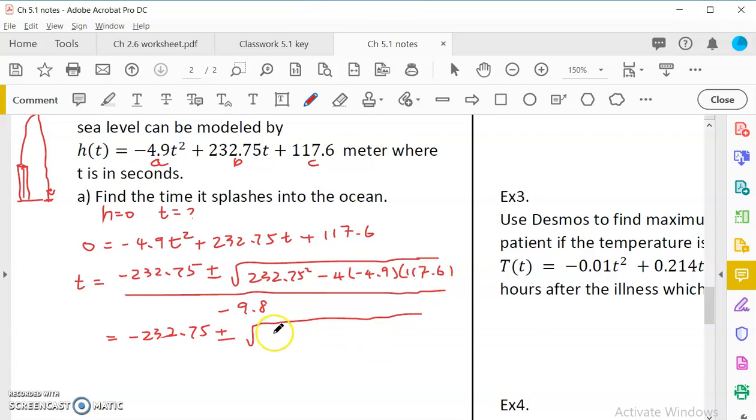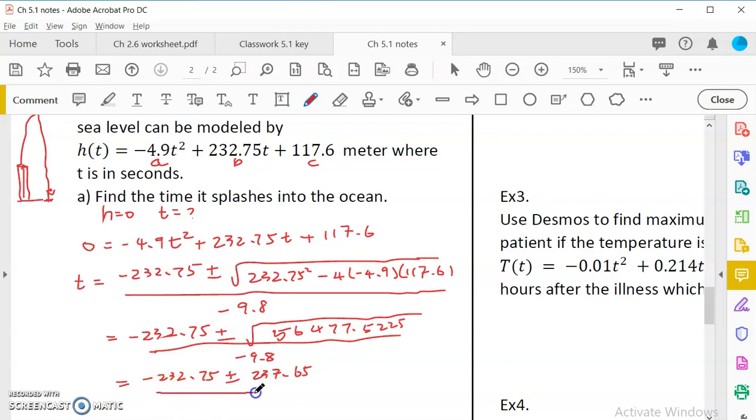I got 56477.5225, all over negative 9.8. Now I take the square root of this, which is 237.65. So negative 232.75 plus and minus 237.65, over negative 9.8.